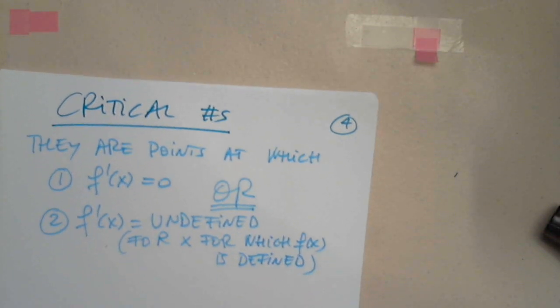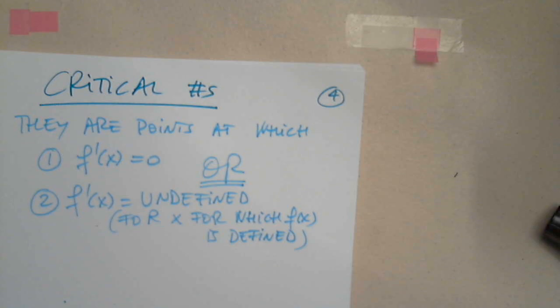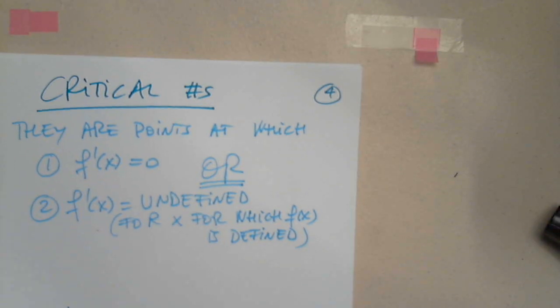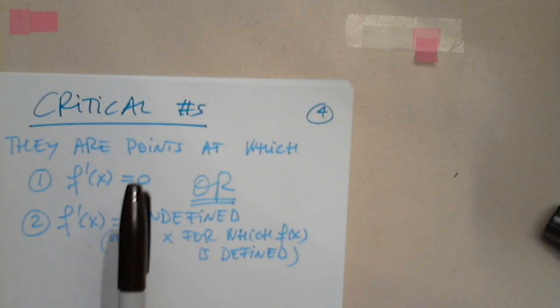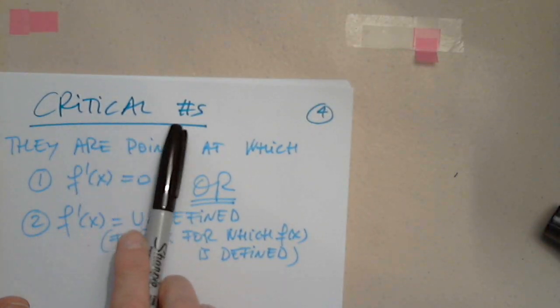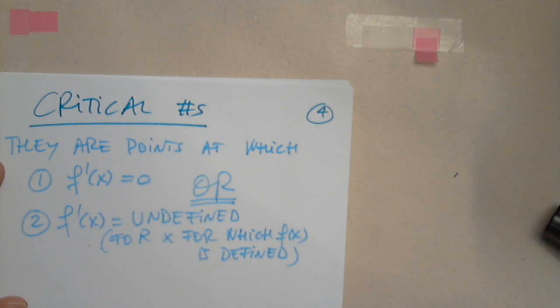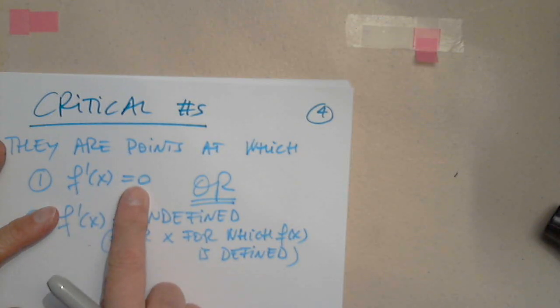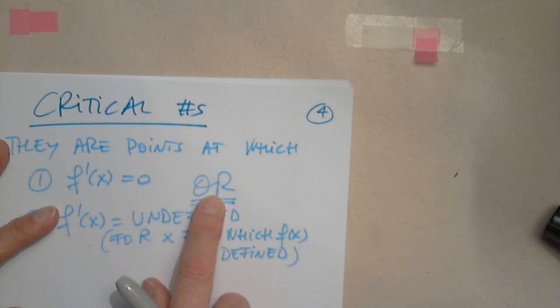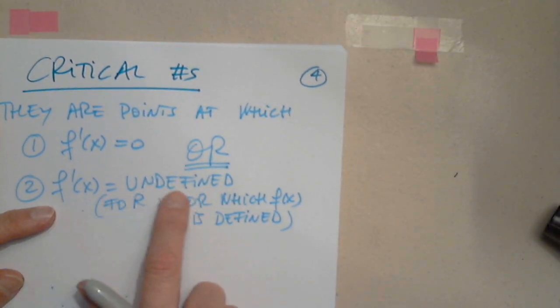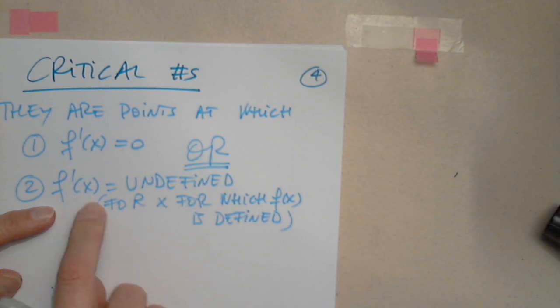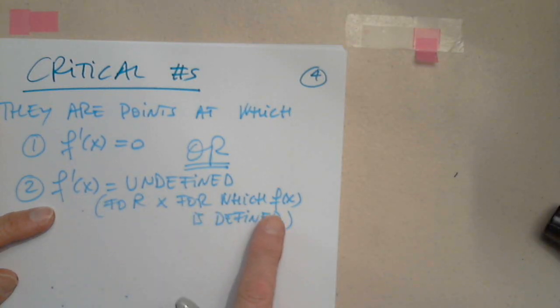I'll give plenty of examples, but let's talk about this for 1 second. A function has a critical number if at a particular x value f prime of x is 0, or, not both, f prime of x is undefined, it does not exist, but for an x that the function is defined.